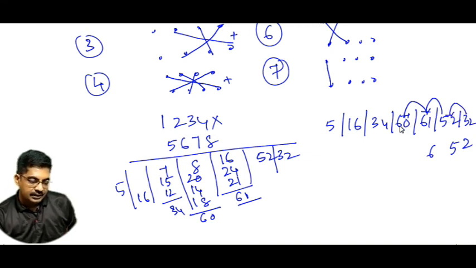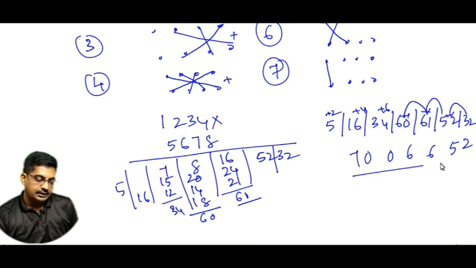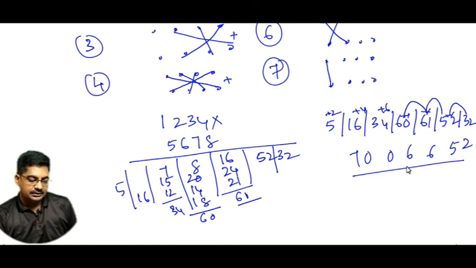Then 66, another 6 will come, 34 plus 6, 40, 4 will come, 16 plus 4, 20, 2 will come, so 2 will come here, plus 2, this is plus 4, this is plus 6, something like that. So the answer is 7006652.